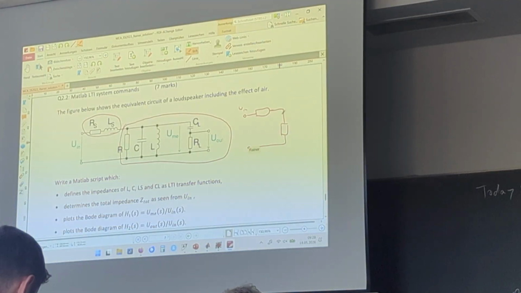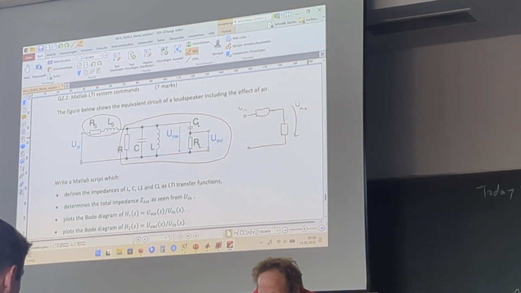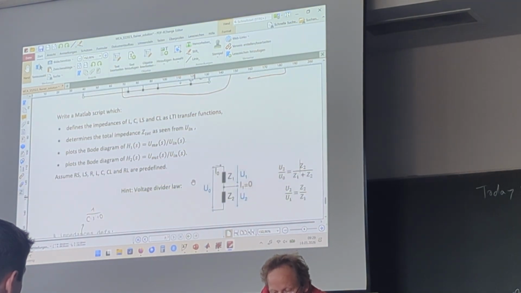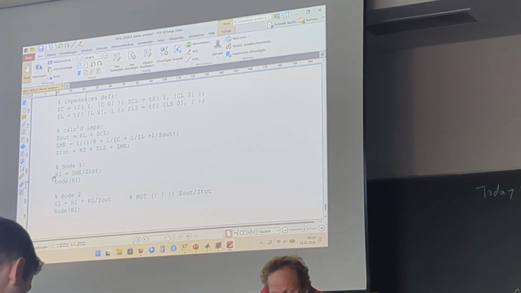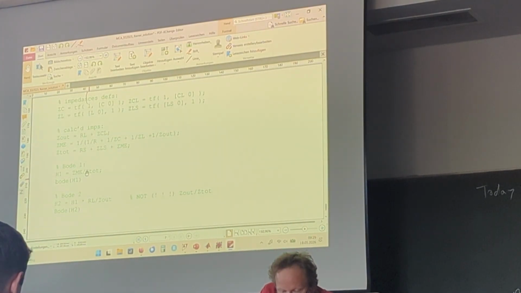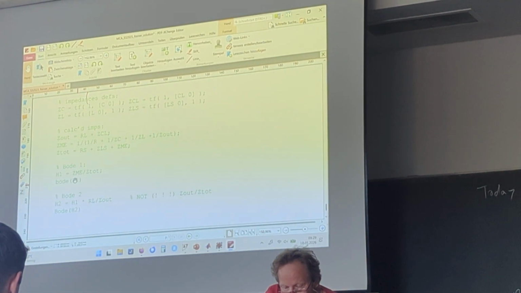Okay, and here across we measure this UME, U mechanical. Okay, and that means we need the Z mechanical, ZME. Okay, and that's why we use here the ratio ZME divided by Z total. Okay, and then the command itself is just bolded.